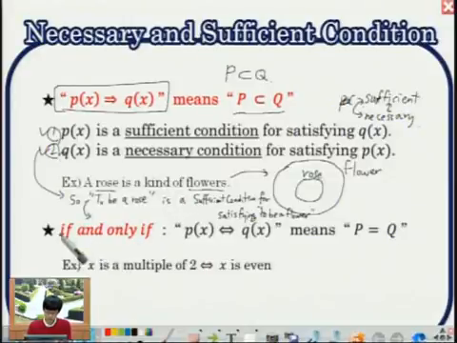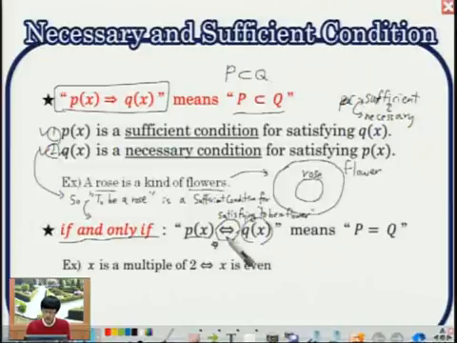So let's go on. If and only if. This means that, what should I call this? Double-sided double dash arrow. Is it right? Oh, I'm very good at naming. Px, double-sided double dash arrow, Qx means that it holds for both sides.